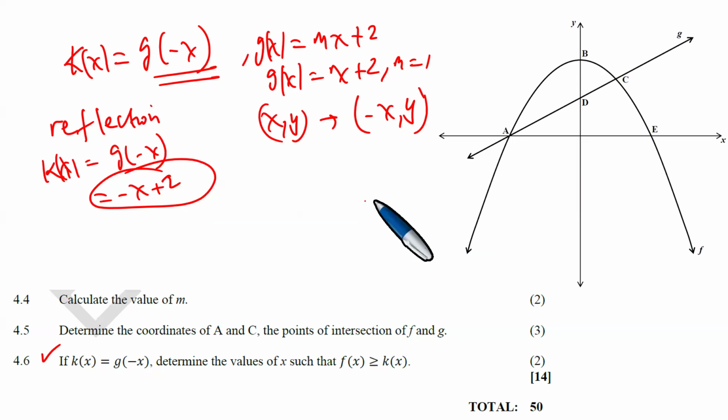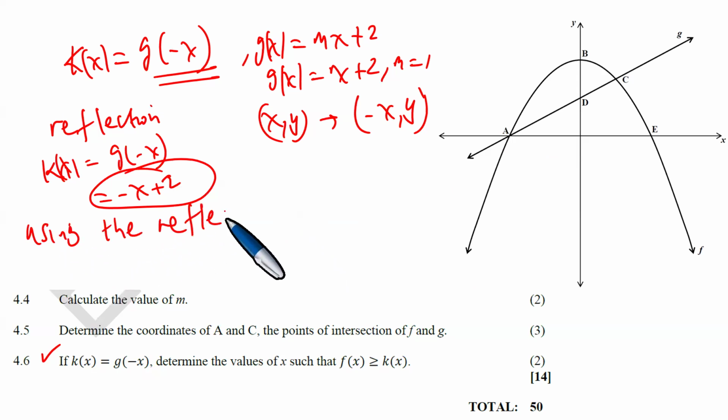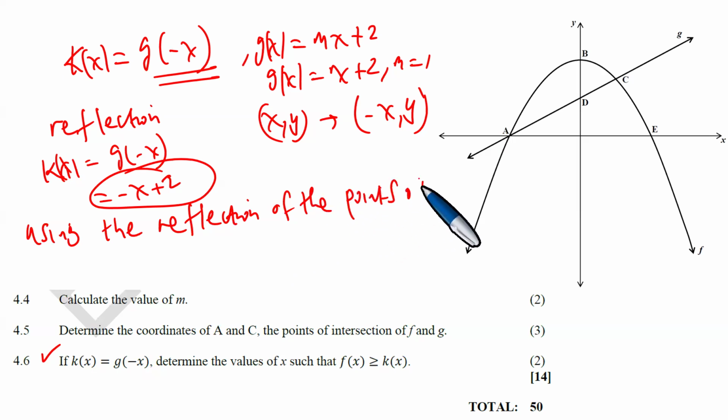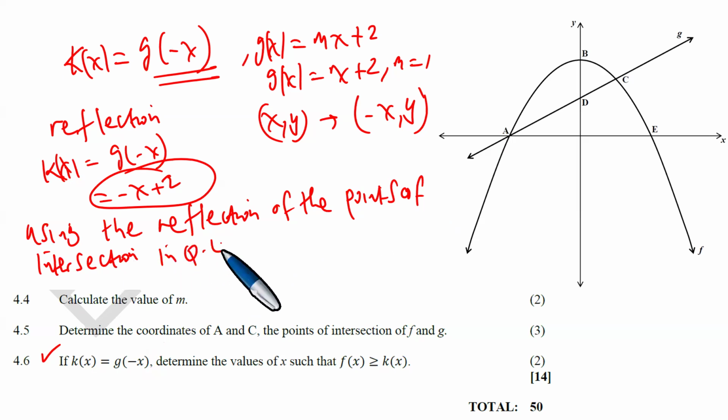So in the end, if it's minus x plus 2, it means that you are dealing with a reflection of the points of intersection. So you can use the reflection of the points of intersection in question 4.5.